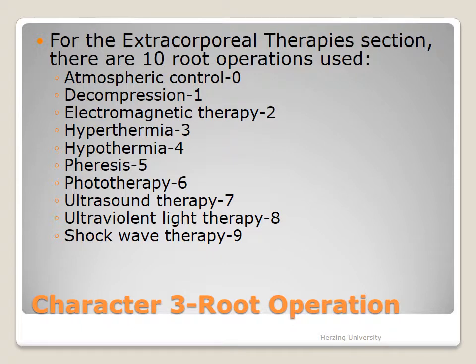There are 10 root operations for the extracorporeal therapy section of ICD-10 PCS. You have atmospheric control, which has a value of 0. You have decompression, which has a value of 1. You have electromagnetic therapy, which has a value of 2. Hyperthermia, which has a value of 3. Hypothermia, which has a value of 4.